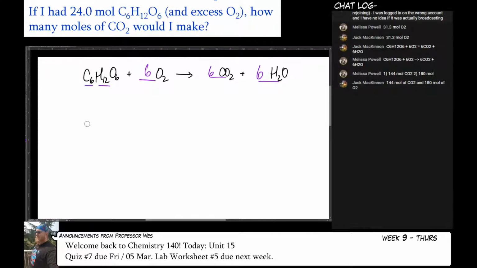So to go from moles of glucose to moles of CO2, we would just use this ratio. So 1 mole of glucose is equal to 6 moles of CO2.